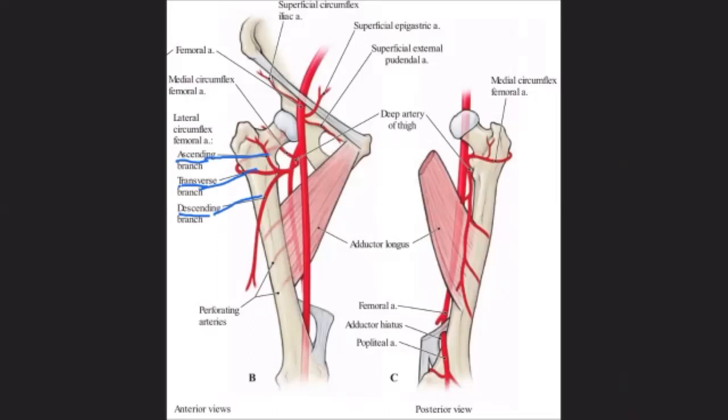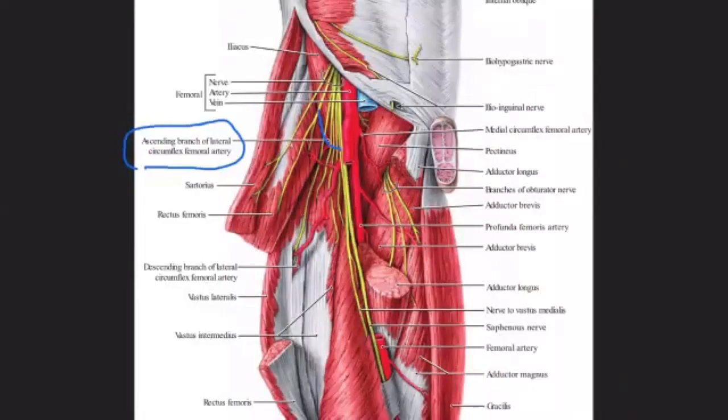And medial circumflex is coming medially and posteriorly, winding around the trochanter. Again, this is ascending branch, you see. This one is descending branch.